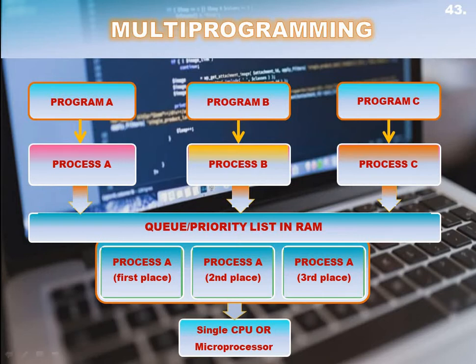As you can see in this diagram, the microprocessor would fetch or grab a program for execution as per the priority queue or the waiting list.